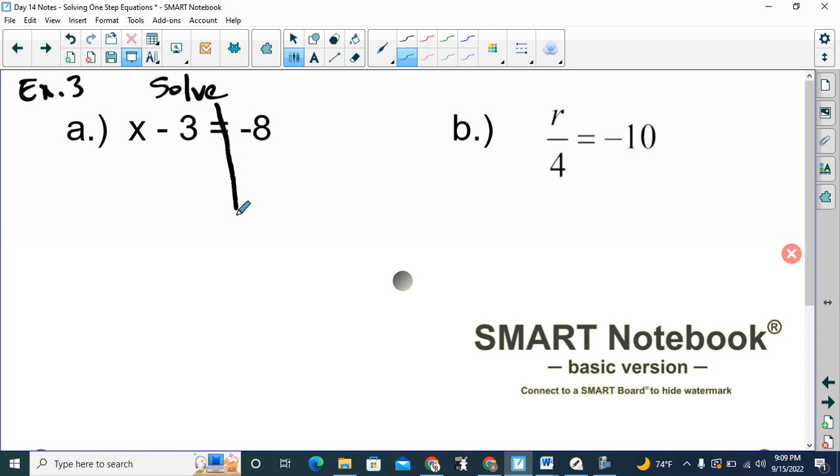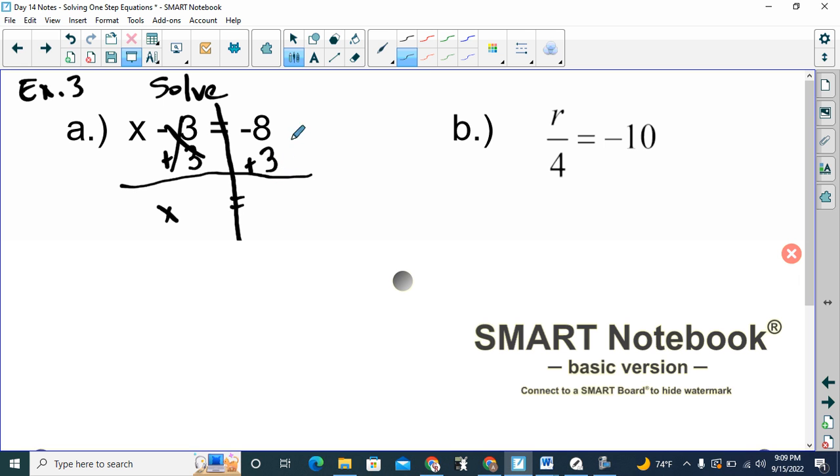I draw my vertical lines for my equal sign. Think about what's happening to x. We're subtracting from x, so we cancel out subtraction with addition. I can bring down my x equals negative 8 plus 3.